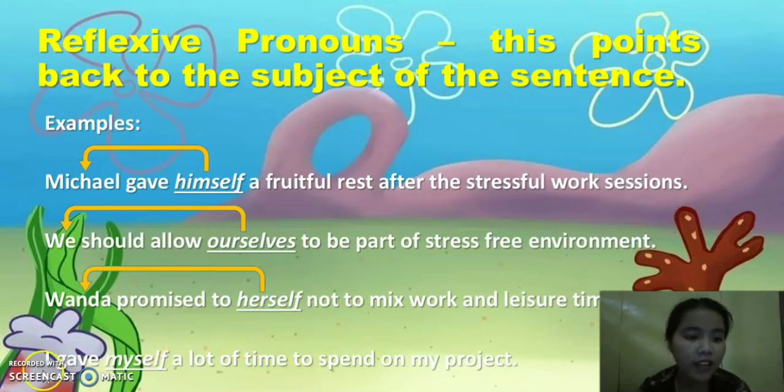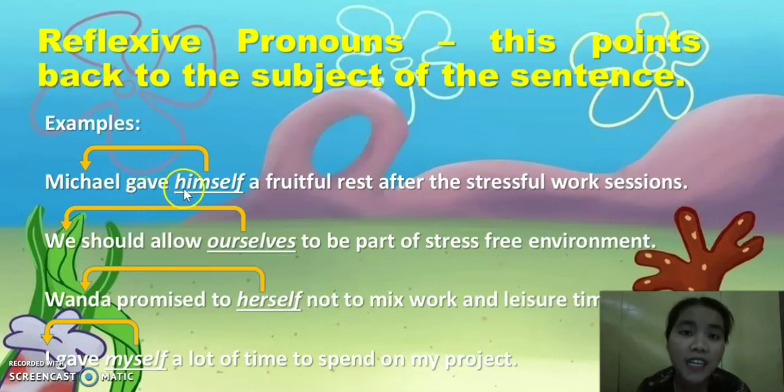Okay, another example. I gave myself a lot of time to spend on my project. So myself, the reflexive pronoun, is referring to the antecedent I. Very good. So that is our reflexive pronoun.